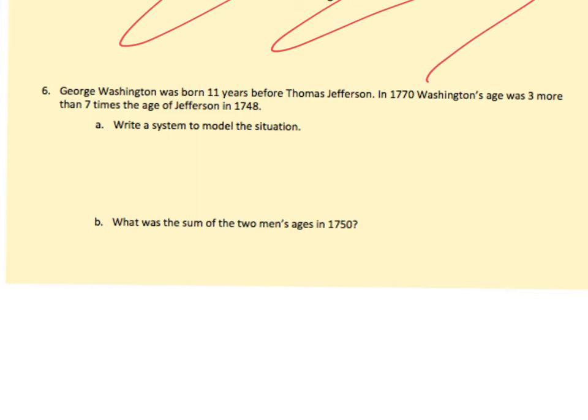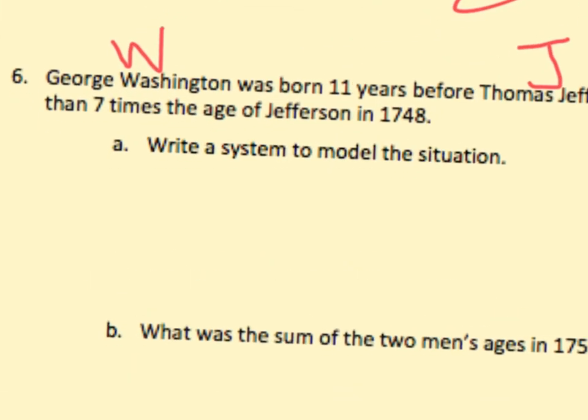So I'm going to use W to represent Washington and J to represent Jefferson. George Washington was born 11 years before Thomas Jefferson. So you can do a couple things here. We can say Washington minus 11, because it was 11 years before, will be when Jefferson was born.